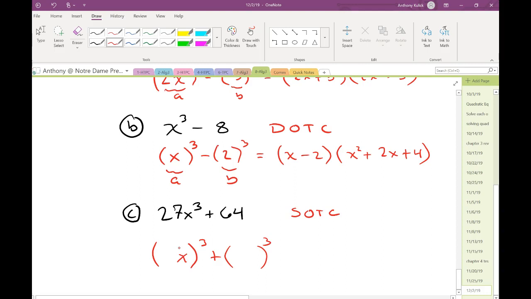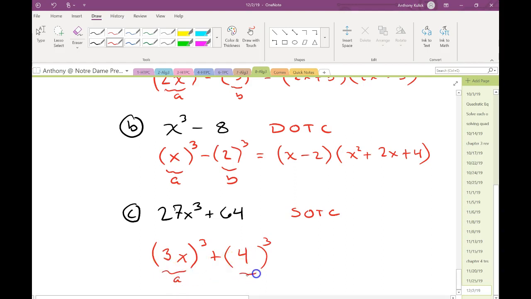3 times 3 is 9. And if I multiply by 3 again, I get 27. Is everybody okay with that? And then what to the third power gives us 64? Four. 4 times 4 is 16. And then 16 times 4 is 64.